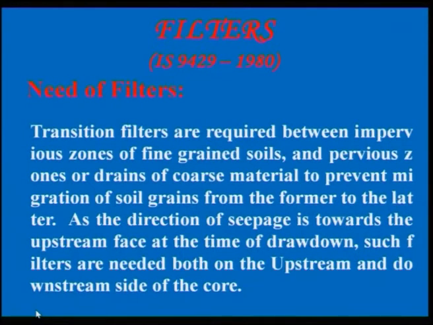Now, what is there as per the IS standard? Bureau of Indian Standards IS 9429, this is the number, and this is the year, 1980. Need for filters. Look at this paragraph.